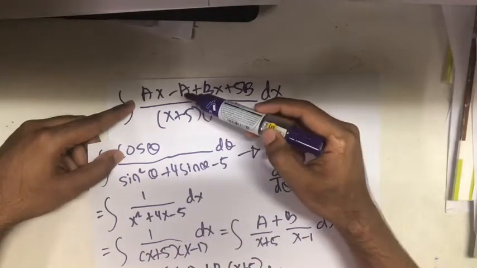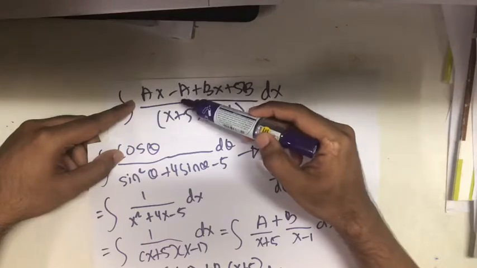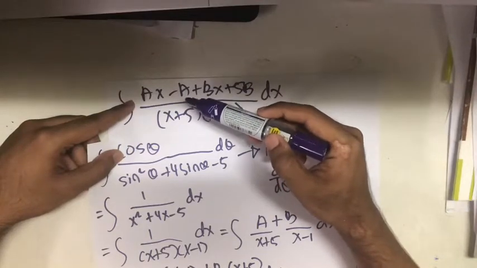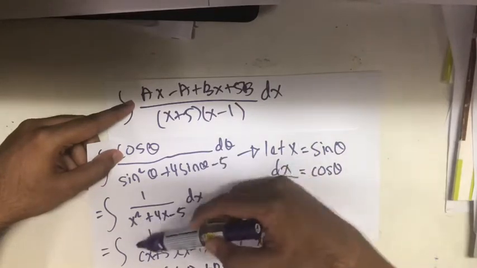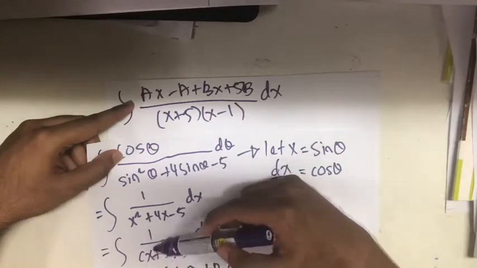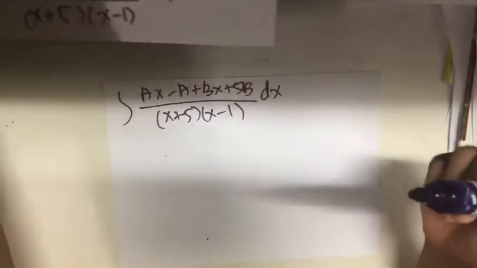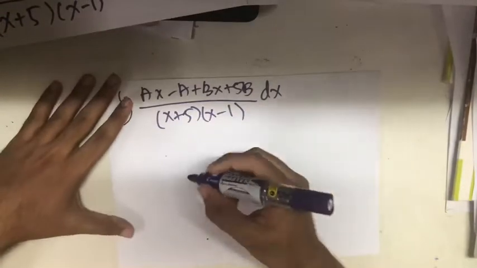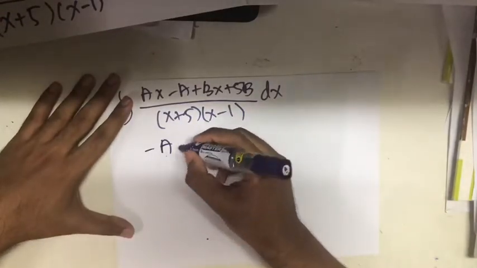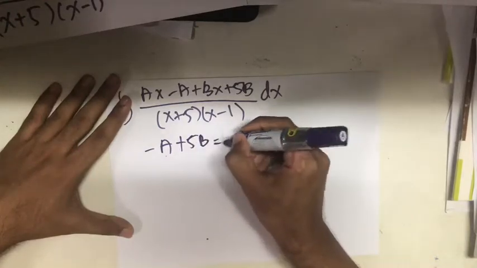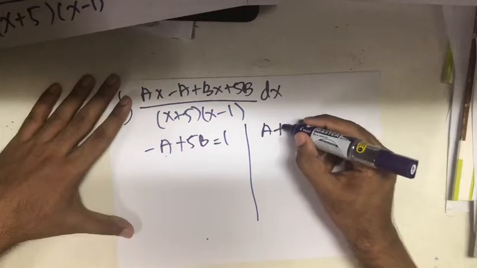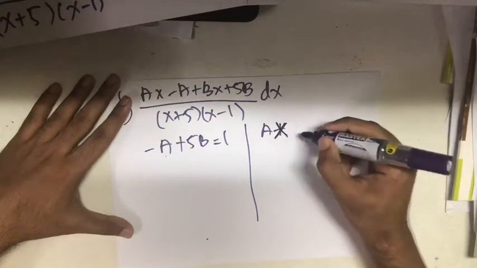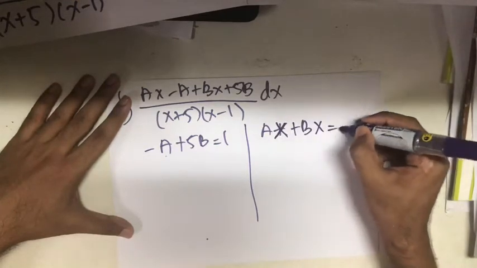And for the constant that doesn't have any x variable, we compare it to 1, because this number 1 here also doesn't have any x variable. Okay, and another part is ax plus bx equals 0.